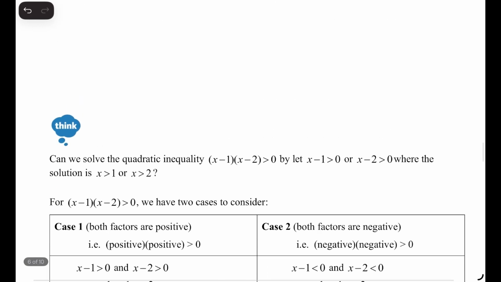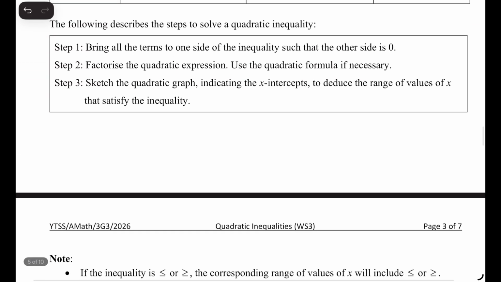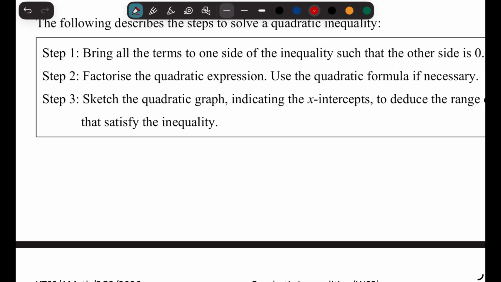Okay, so actually I would like to summarize this using an acronym which I like to use. I call this CFSI. What does CFSI stand for? It means cats fight snakes intensively. I find that this acronym helps me to remember how to solve quadratic inequalities.